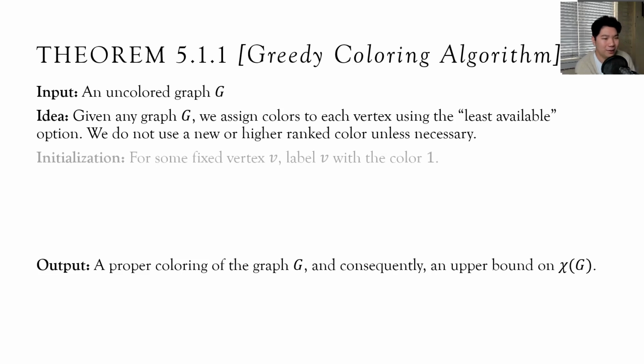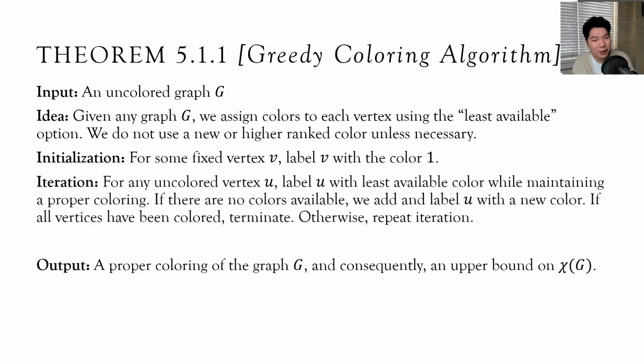So how does this work? For initialization, I choose some arbitrary fixed vertex, and I'm going to label that first vertex with the color 1. Again, this can be any vertex of our choice. I can just start arbitrarily. From there, for each iteration, I can choose, again, any arbitrary uncolored vertex U. Again, this doesn't have to be any specific U. I can just choose any one of my choice.